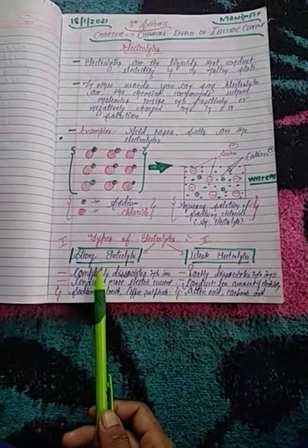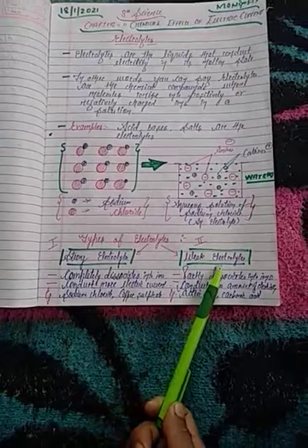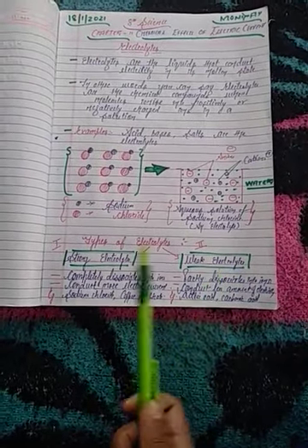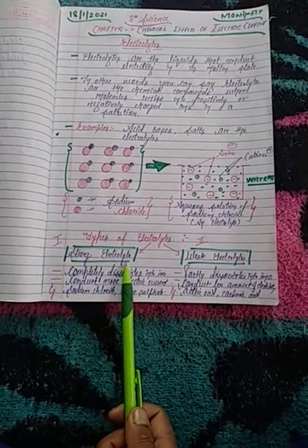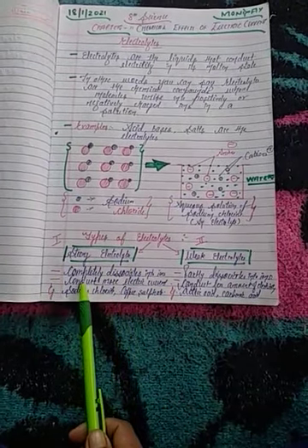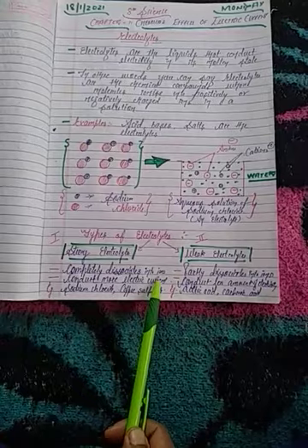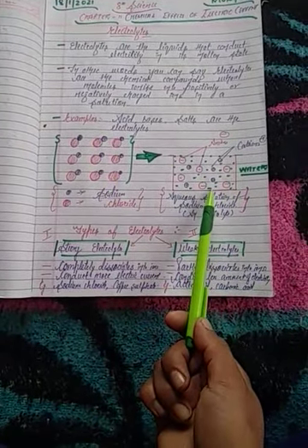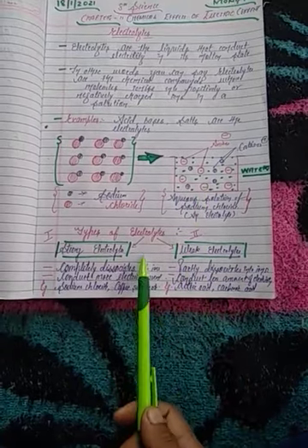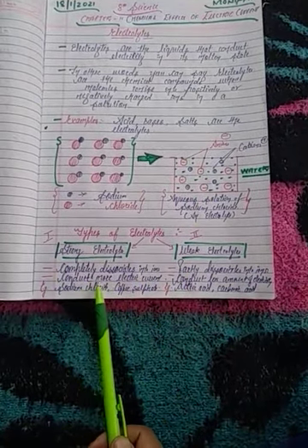There are two types of electrolytes. First is strong electrolyte and second is weak electrolyte. Strong electrolyte, what are the characteristics? How can we say that this electrolyte is a strong electrolyte? If they completely dissociate into ions, like here these molecules are completely dissociating separately, so these are strong electrolytes. Next, they conduct more electric current.